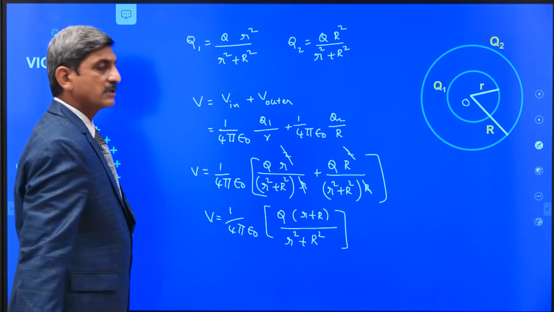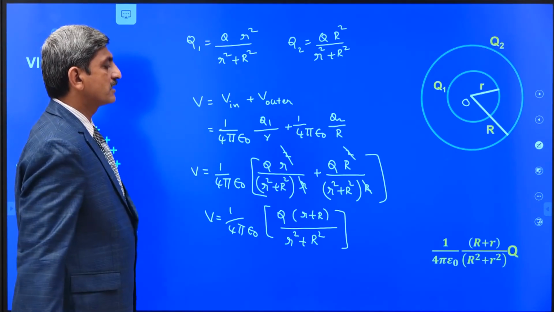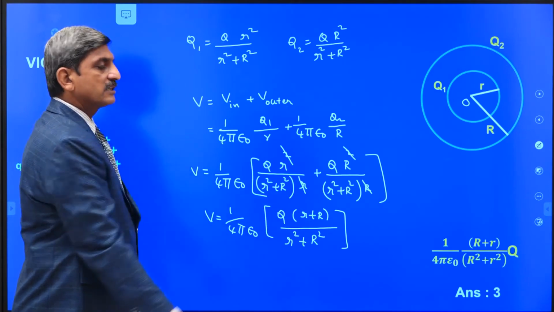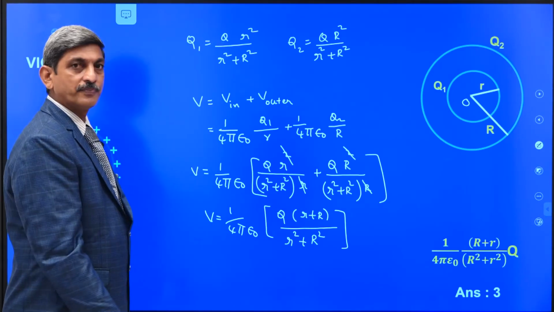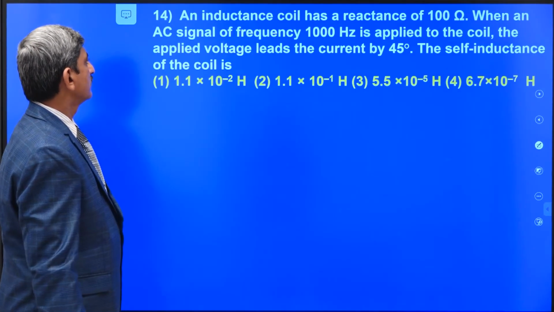So this is your final answer for the potential. When you see the previous options, the answer 3 is the right answer. Okay? Come to the next problem.